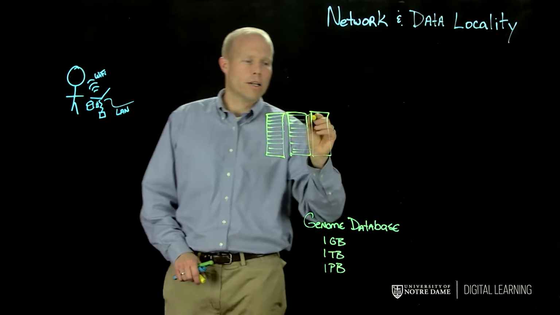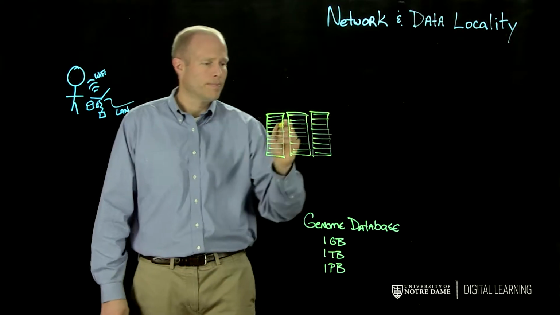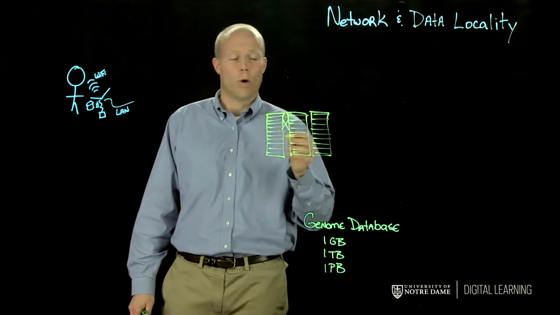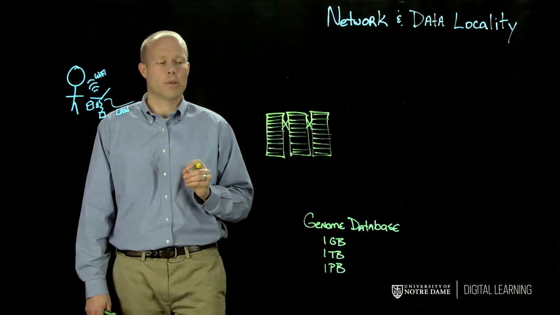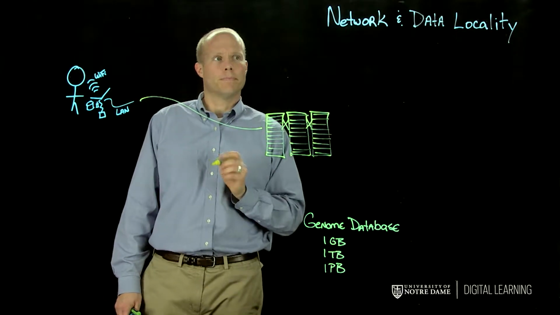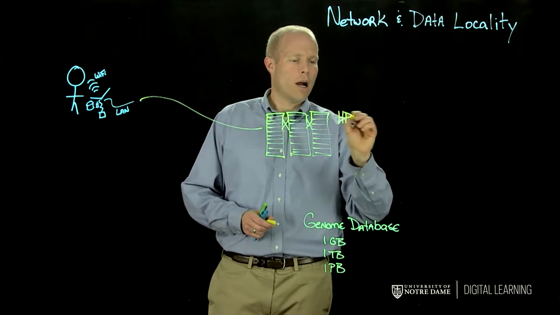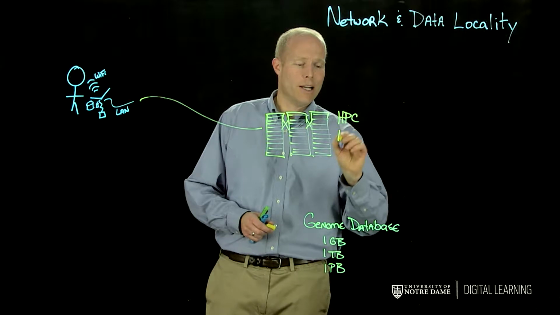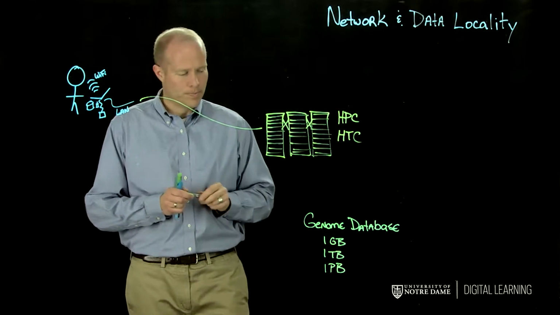Once we've got our cluster of systems, they may be interconnected, so they may be connected one to another or in some complex network between the machines themselves. Then you need to connect to those networks so that we can get over to that HPC, our high performance computing environment, or HTC, that high throughput computing environment.